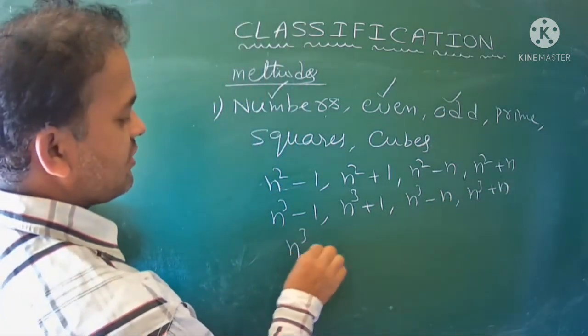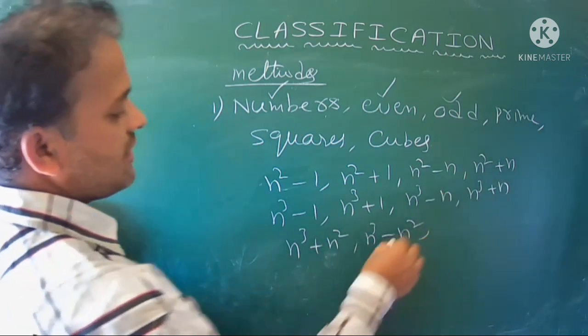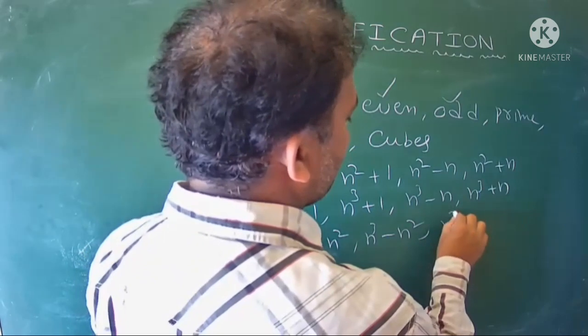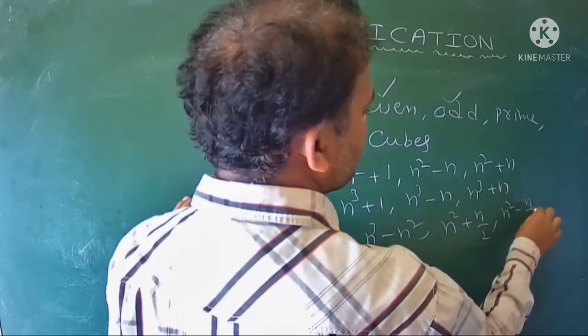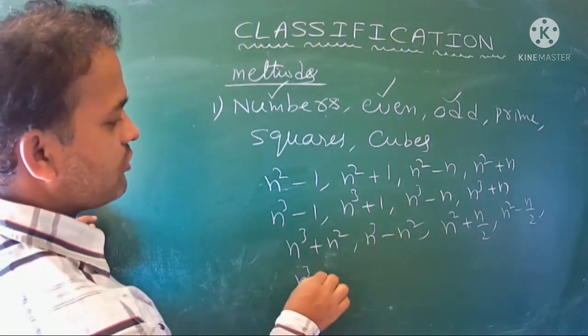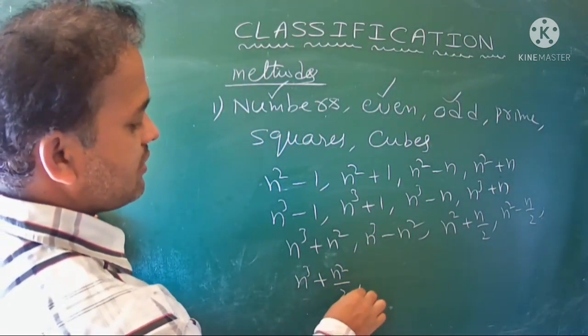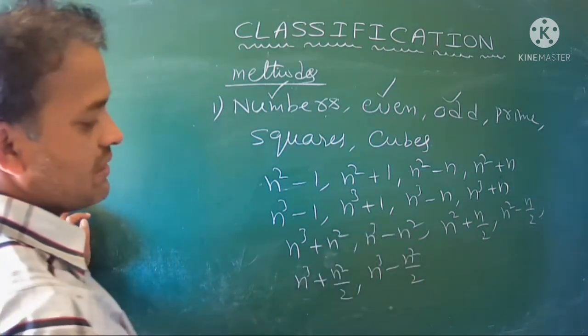Or n cube plus n square relation, n cube minus n square relation. One more: n square plus n by 2 relation, n square minus n by 2 relation. Or n cube plus n square by 2 relation, n cube minus n square by 2 relation, and so on.